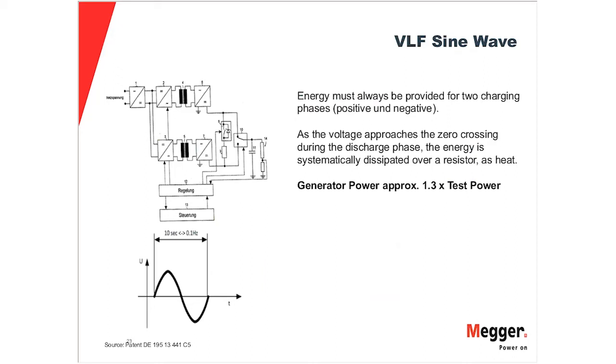Also important to mention, as the voltage approaches the zero crossing during the discharge phase, the energy is systematically dissipated over a resistor as heat. So means we are losing all that energy and wasting the energy and burning it over a resistor.